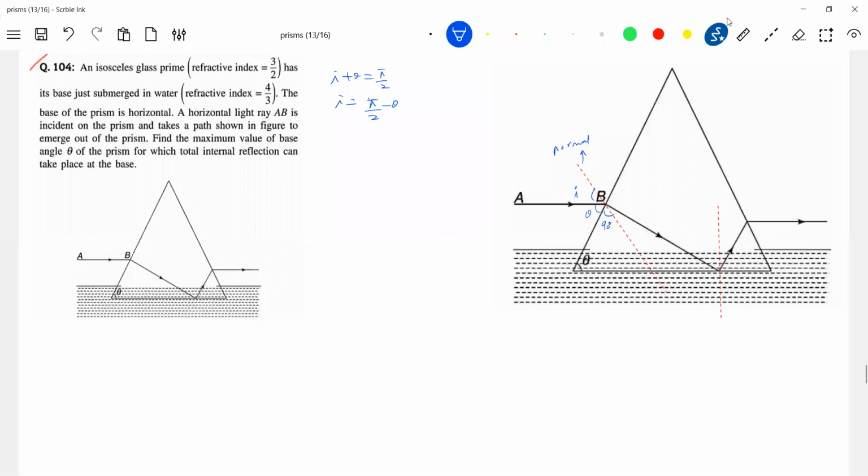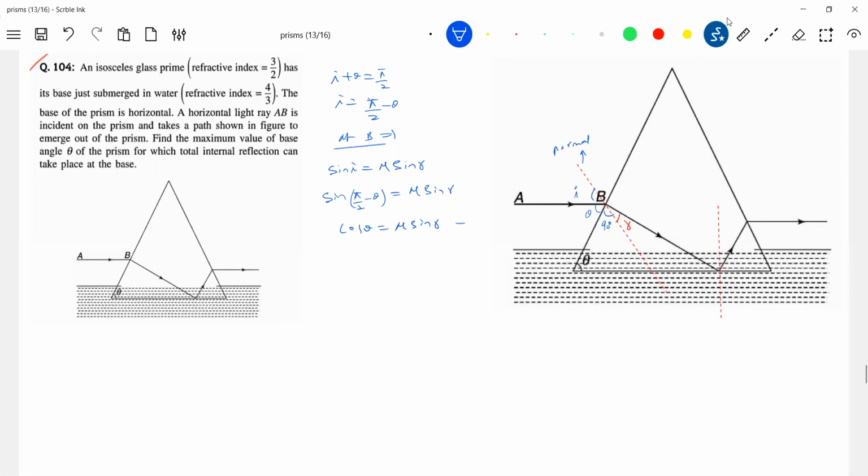Let this angle be R. Let me apply Snell's law at B. At B, sin I is equal to mu sin R. Sin I will be sine of pi by 2 minus theta, equal to mu sin R. So this will be cos theta equal to mu sin R. We are asked to find the maximum value of base angle theta of the prism.